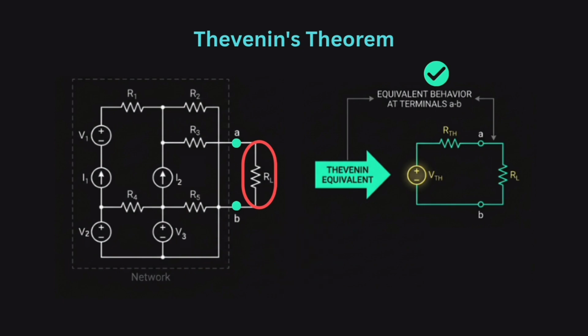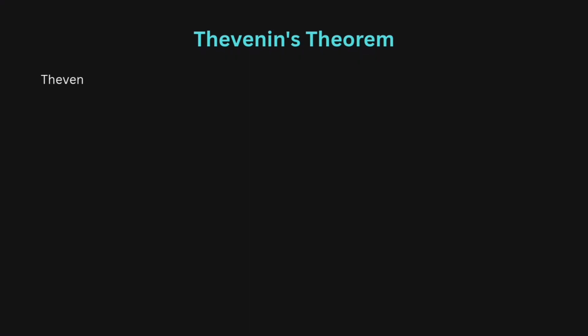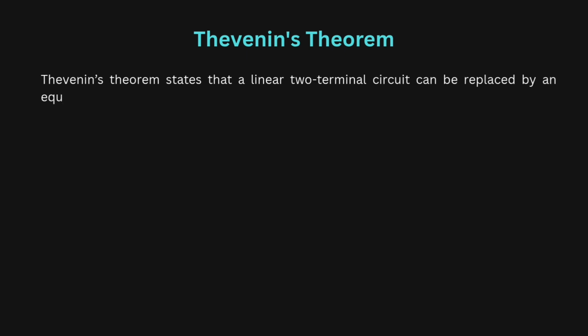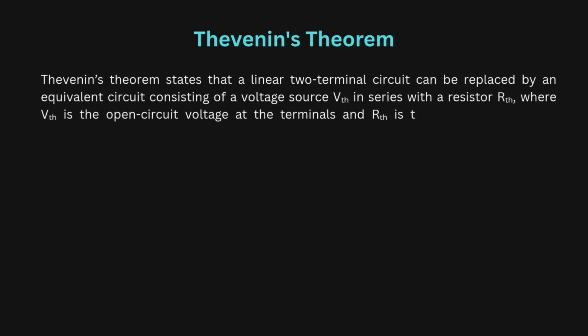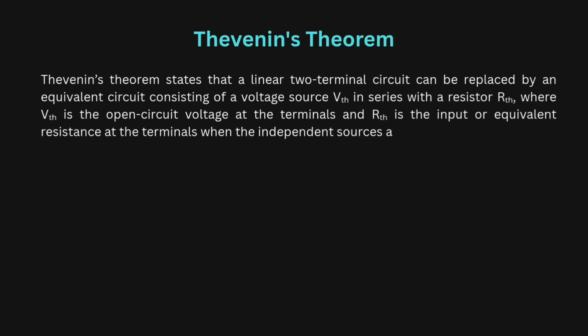Before looking at the procedure, let's first see what the theorem actually says. Thevenin's theorem states that a linear two-terminal circuit can be replaced by an equivalent circuit consisting of a voltage source VTH in series with a resistor RTH, where VTH is the open circuit voltage at the terminal and RTH is the equivalent resistance seen from the terminals when the independent sources are turned off.